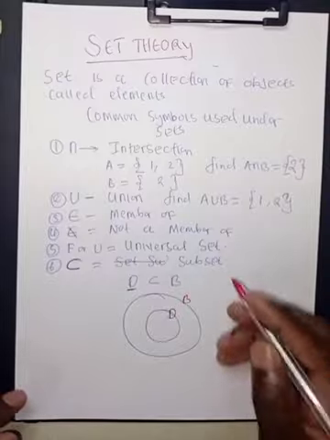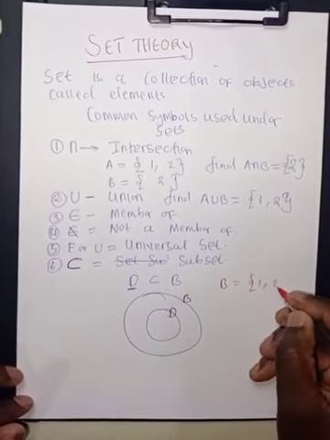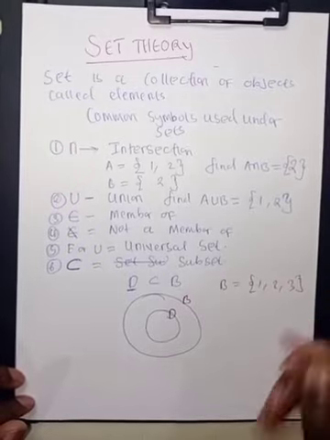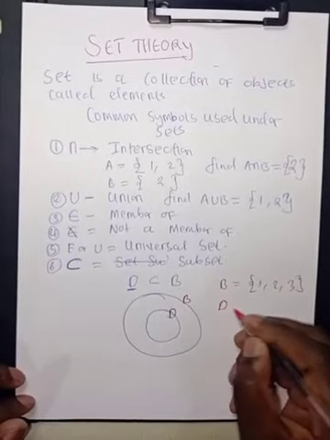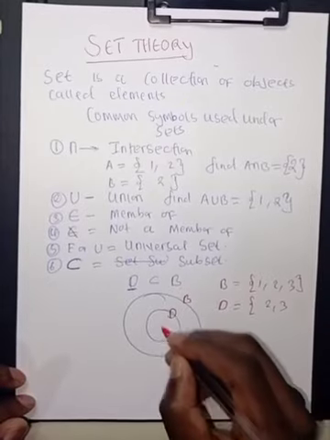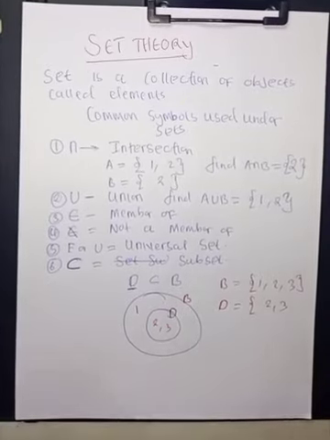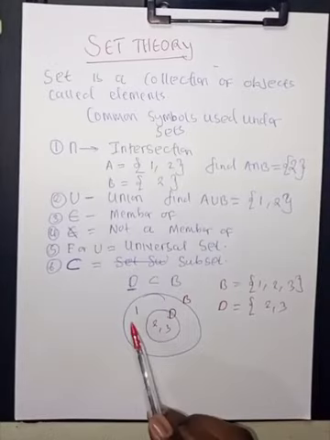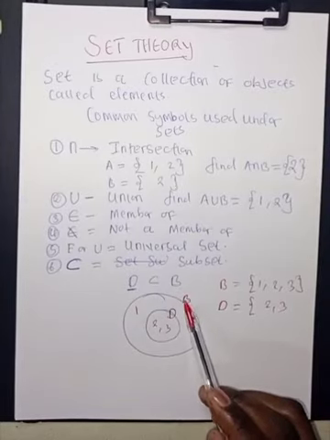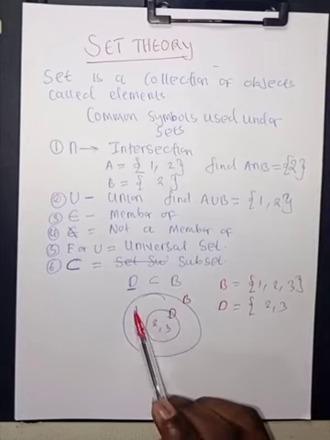So for example, we can have our set B equal to maybe 1, 2, and 3. Then our set D equal to, let's say, 2 and 3, meaning we have 2 and 3 here, then I'm going to have a 1 here. So this is set B and this is a circle for set D. For set B, we have elements 1, 2, and 3.